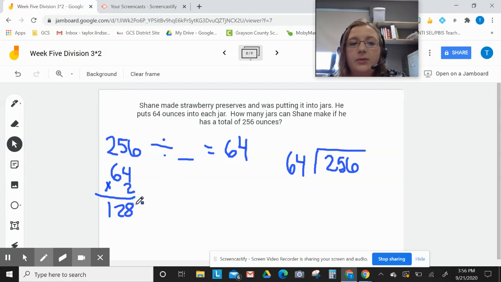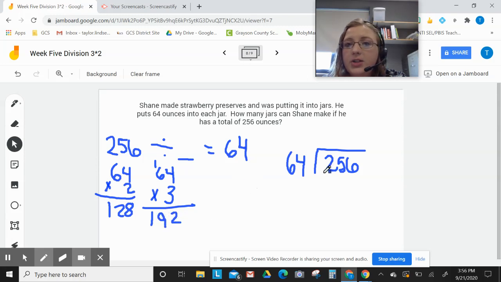Is that close? No, we are really far from our dividend. We want to get as close as possible without going over. So 64 times 3: 4 times 3 is 12, and we carry the 10. Then 3 times 6 is 18, plus 1 is 19.